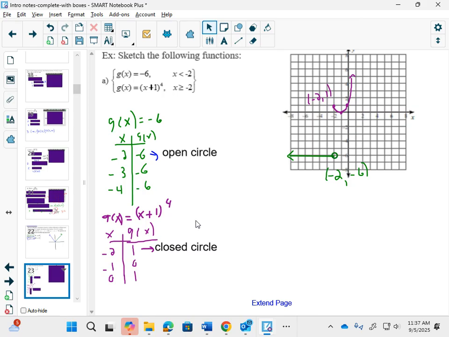And then the x to the 4 graph, quartic graph, kind of parabola-like. And this is the final graph. It just has 2 completely separate pieces that aren't related to each other at all. And so there's not a single equation that makes this work.